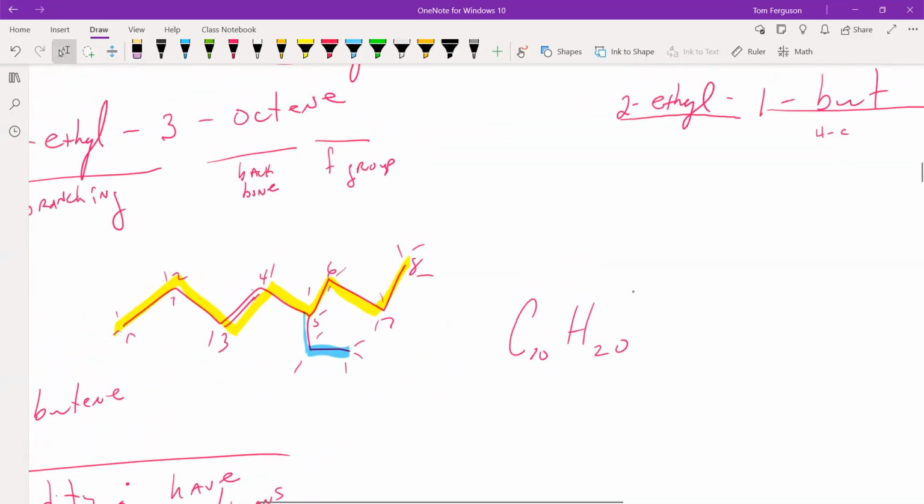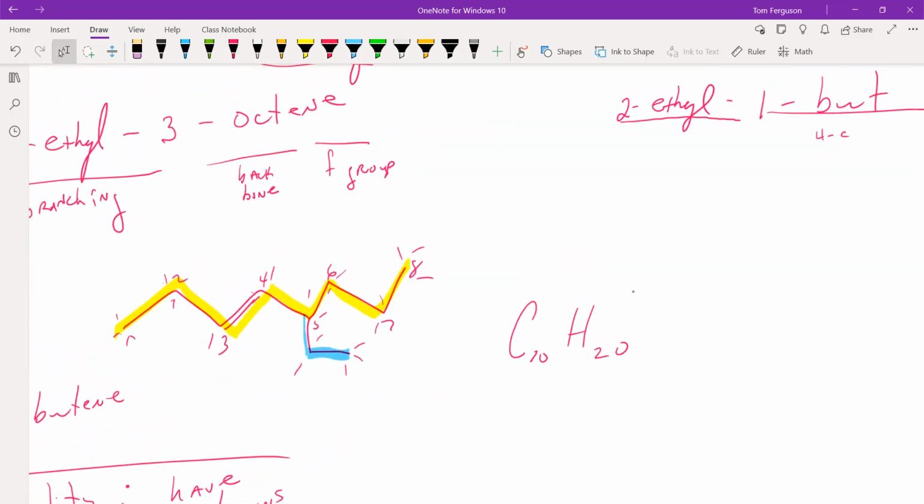Let's do another structure from a name. Okay.